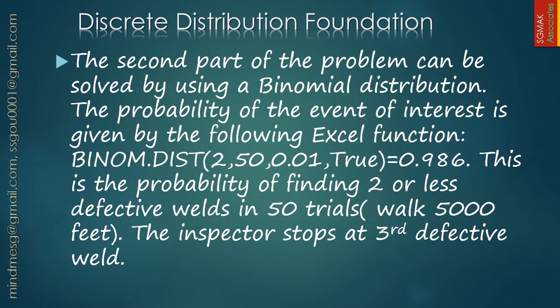And since you're interested in cumulative probability, we put the fourth input as true. And the number is 0.986. So this is 0.986 or 98.6% chance that we'll find 2 or fewer defective welds in 50 trials, or there's a probability of 0.986 that the inspector has to walk more than 5,000 feet.